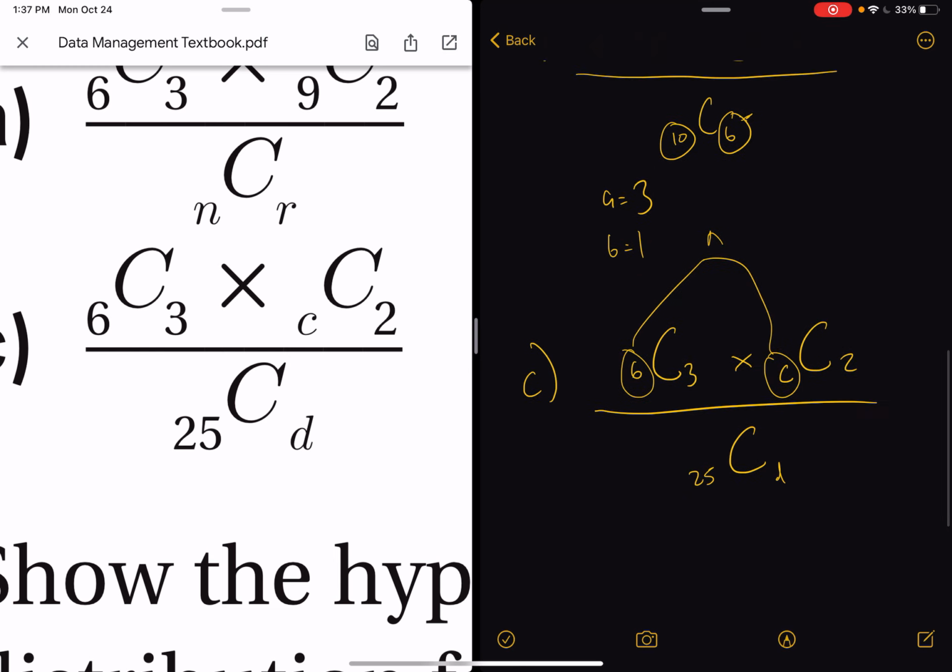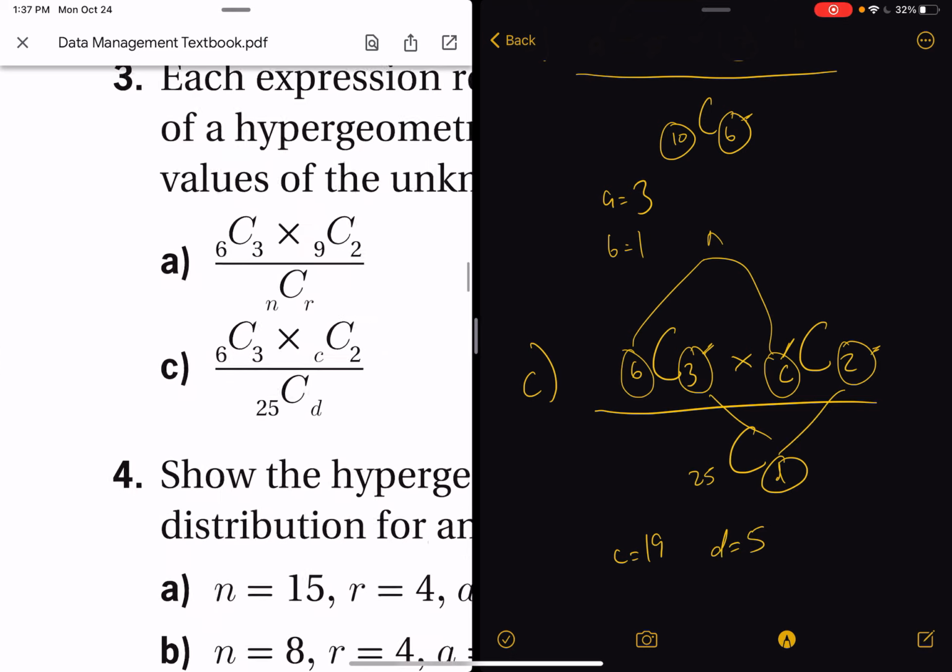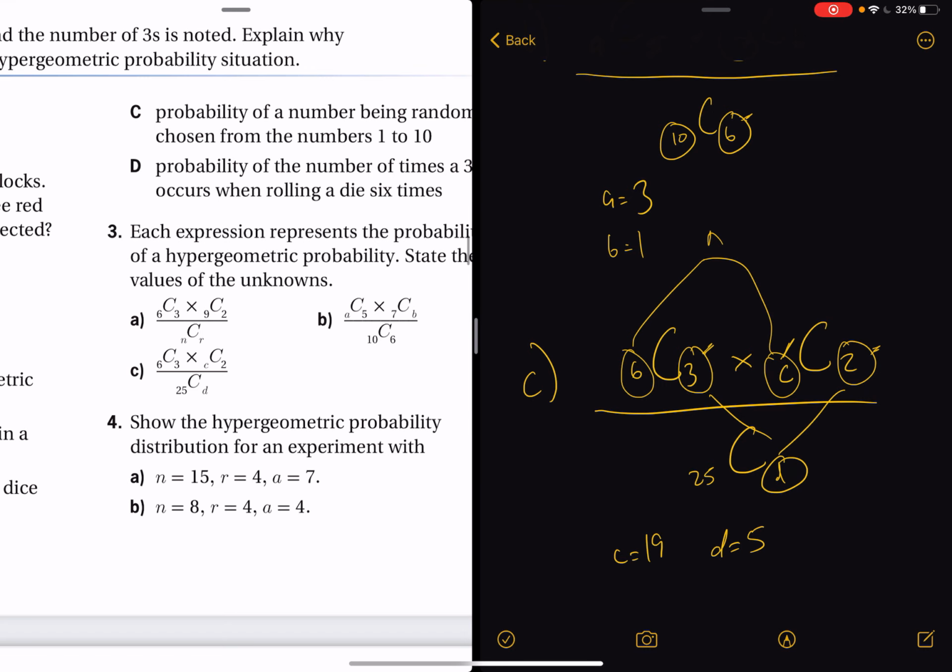So then obviously C has to be 19, because 19 plus 6 is 25. All right, and then these two chosen values, that's the number of successes and the number of non-successes that are chosen. So D is equal to the sum of that. So D equals 5. So that's how C is done.